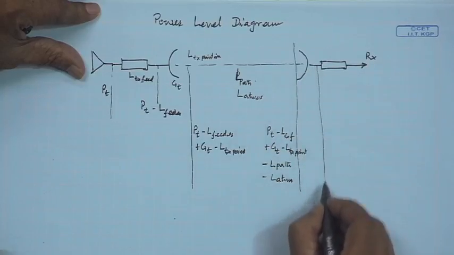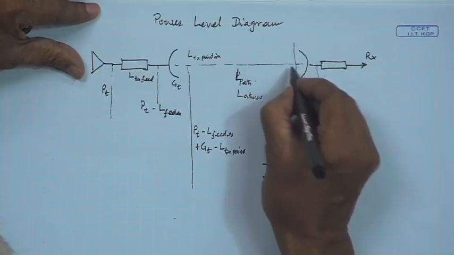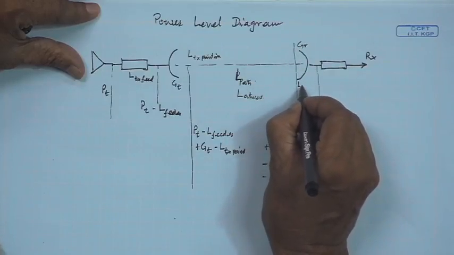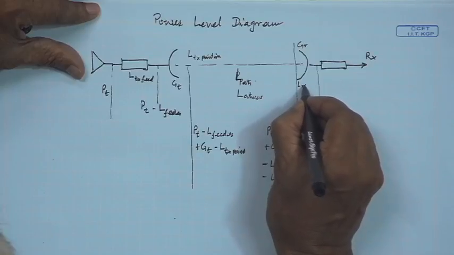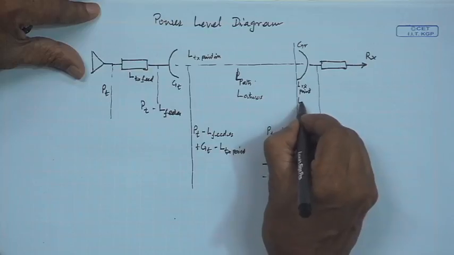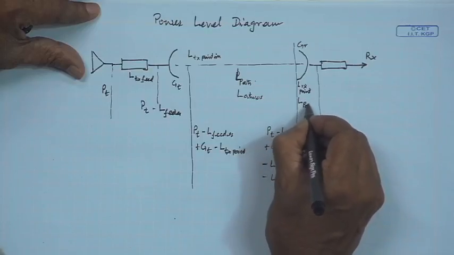And then here we have antenna gain, that is GR, and the loss due to receiver pointing and loss due to polarization.